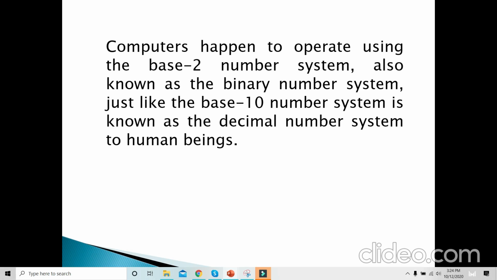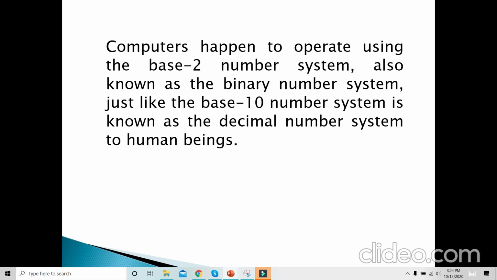Now, let's talk about the binary number system. Computers happen to operate using the base 2 number system, also known as the binary number system. Just like the base 10 system is known as the decimal number system to human beings, to computers there are only two possible numbers that they can understand, 0 and 1.